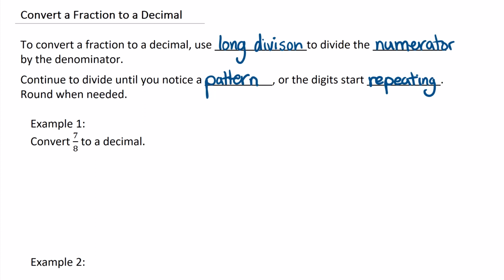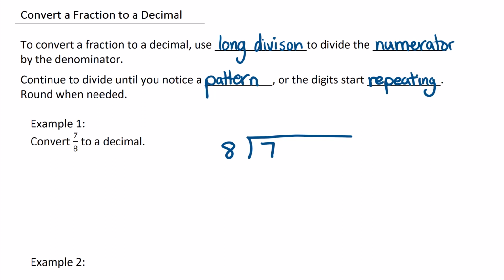So we'll use the numerator as the dividend. So 7 is the dividend, 8 is what you divide by, and up here will be the quotient. This is what we're looking for.